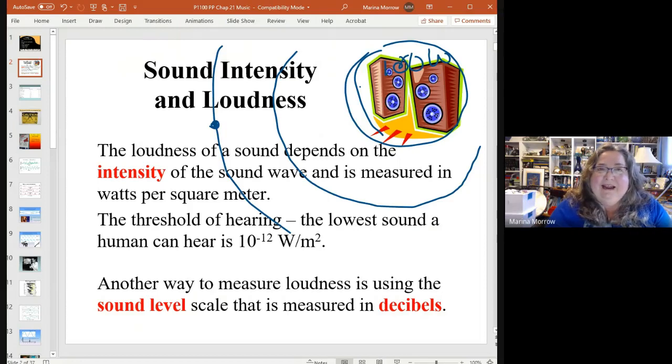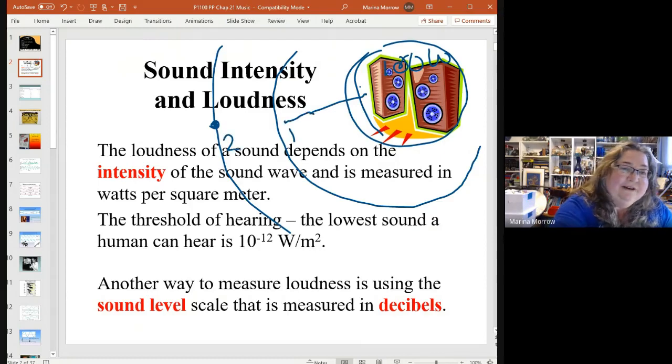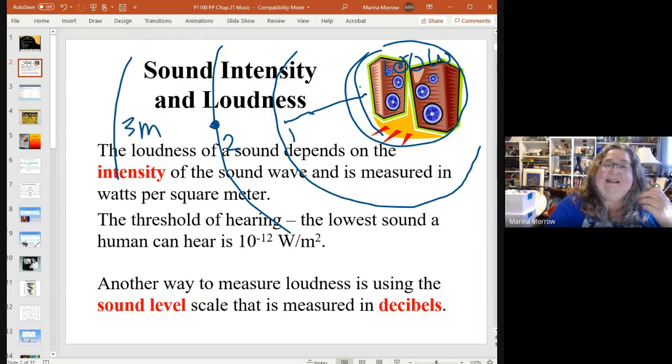And intensity is proportional to the distance. It's an inverse relationship and an inverse square relationship. So if this was 1 meter and this was 2 meters and this was 3 meters, then the intensity at 2 meters would be 1/4 as much as at 1 meter, just like we looked at the inverse square relationship for gravity.